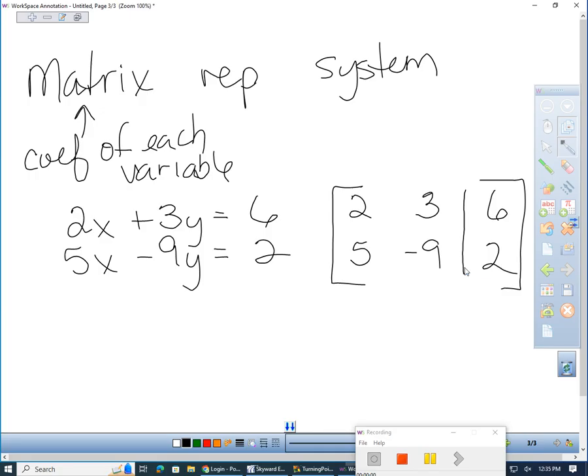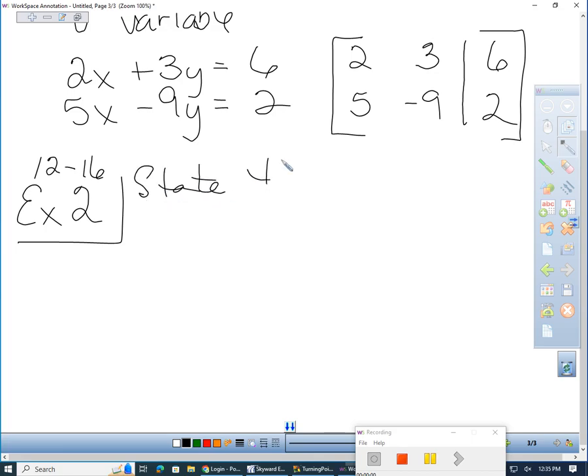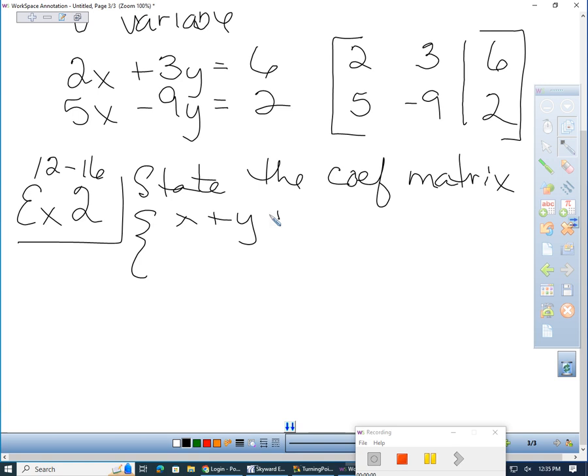So here is example number 2. On 12 through 16, state the coefficient matrix for the system. x plus y plus z equals 4.